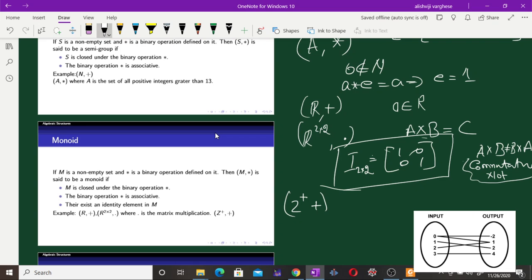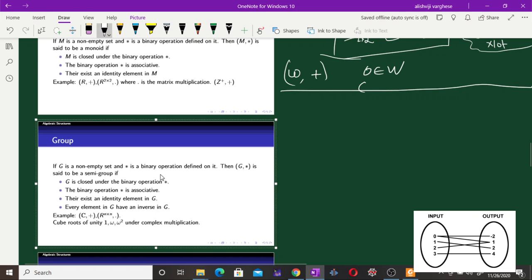But if we include 0 in it, that is, if we consider the set of all whole numbers W, the set of all non-negative integers, then it becomes a monoid, because 0 is there, it is closed and associative under addition, and the identity element is there, so it becomes a monoid.